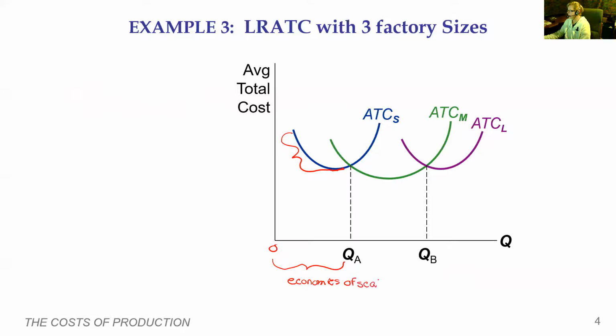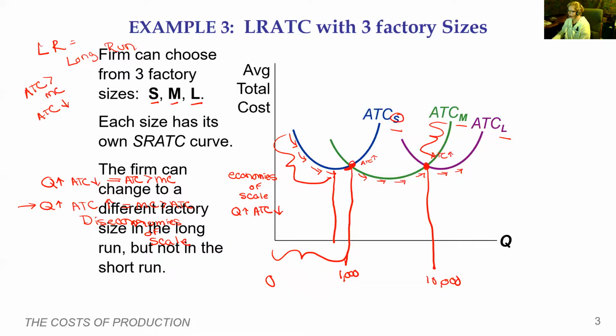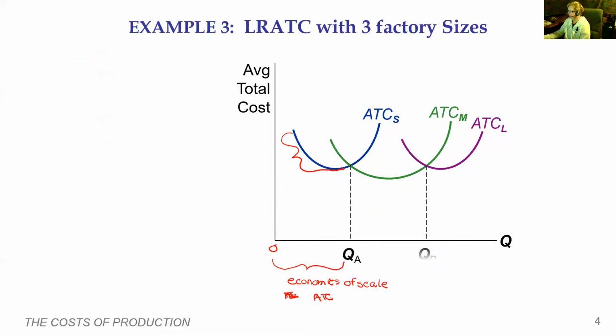And economies of scale basically say that my average total cost is greater than my marginal cost, and so average total cost is falling.